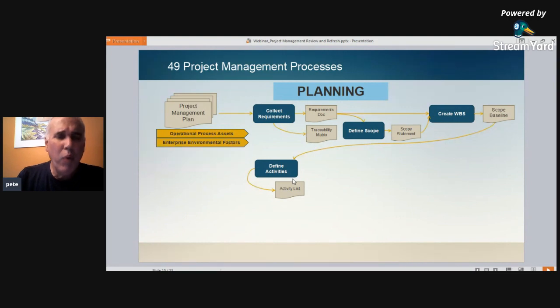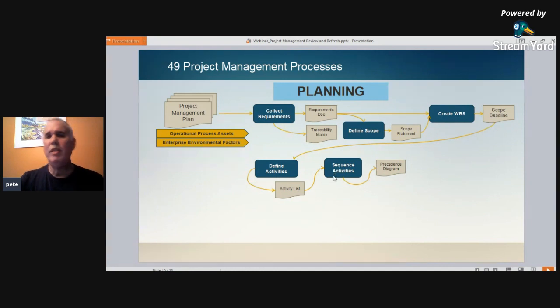But what activities are needed to produce the deliverables? And once we know all of the activities, we can sequence them. A logical sequence based on precedence. We talk about dependencies. What order do these activities need to be performed in that's logical? Okay.